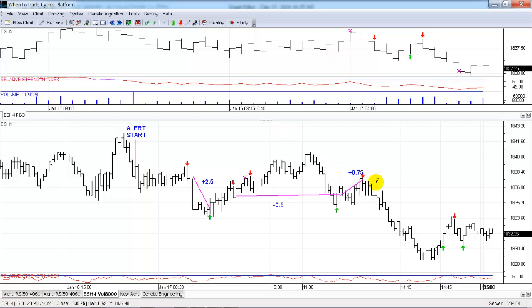So I will just highlight this trade here from here to here.